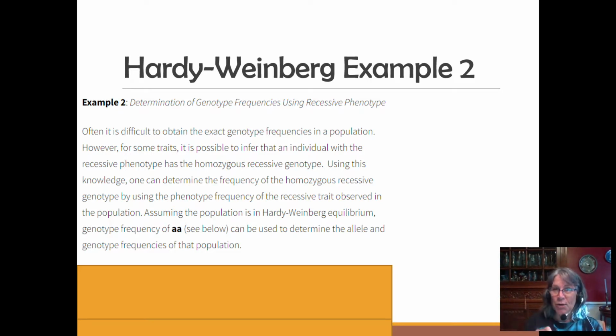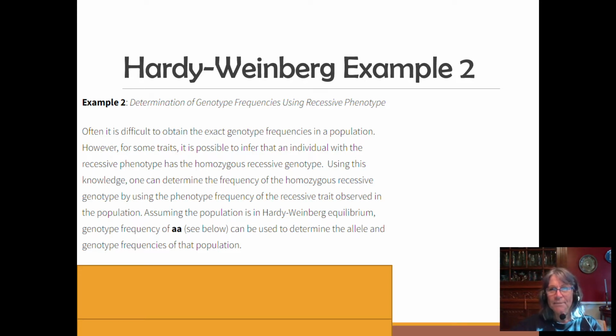But I do know that in order to express the recessive phenotype, I have to have homozygote recessive individuals. So just like when we solved our Punnett square and we did a test cross, the only individuals whose genotype I know for sure are those that have the homozygote recessive phenotype.